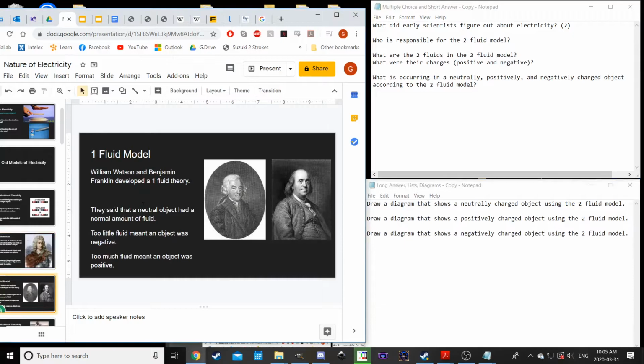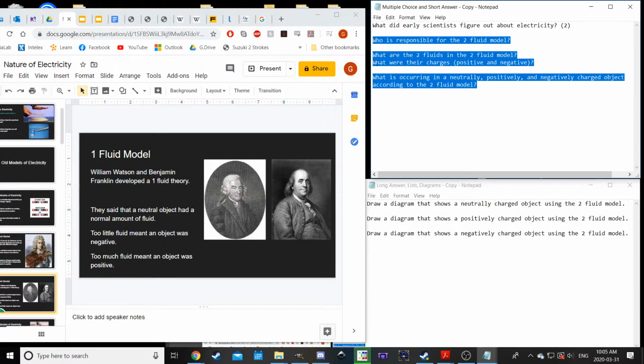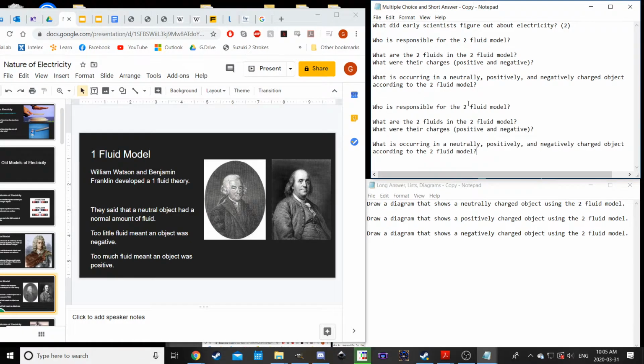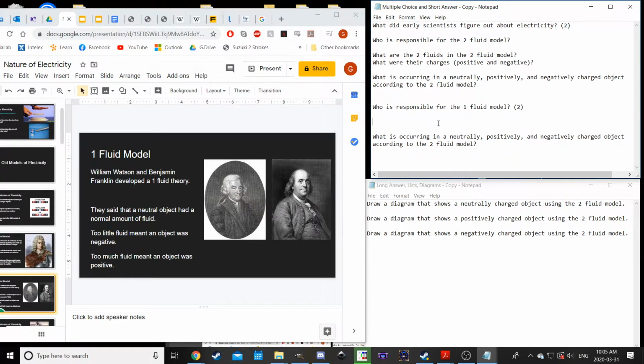Our next section is our one fluid model. Nice thing about this is we can just take all of this and tweak it to who's responsible for the one fluid model, and this we could say two people because there's 2 points there. This one doesn't quite make sense in the one fluid, but we could ask, how is the one fluid model different from the two fluid model?